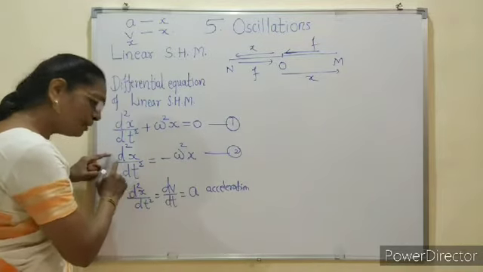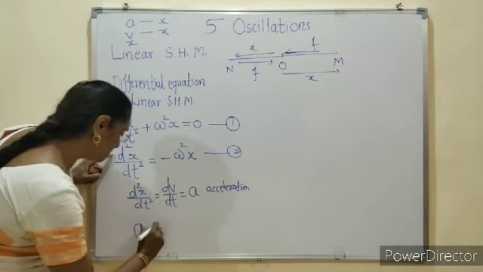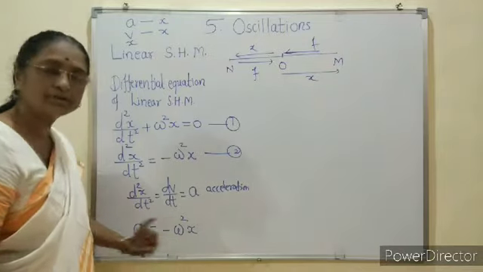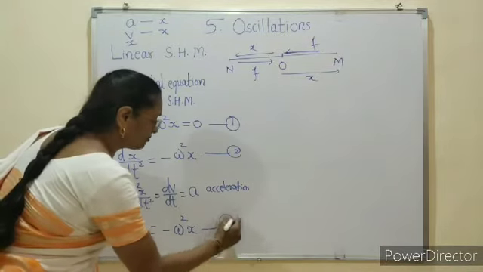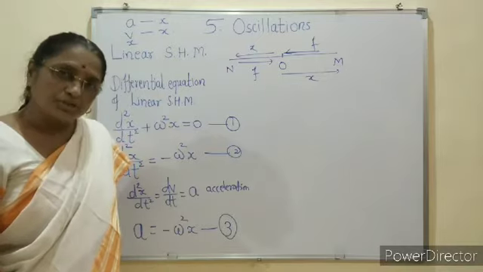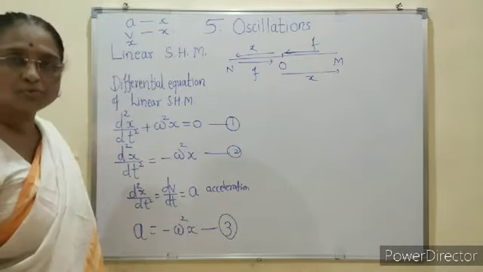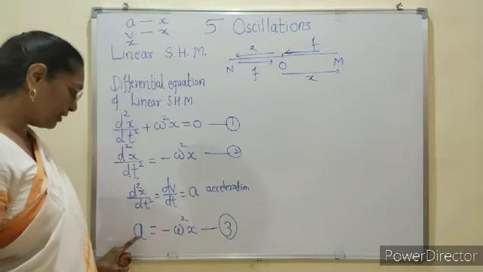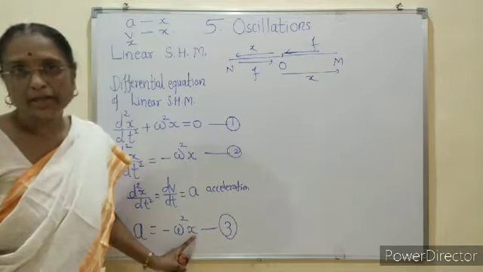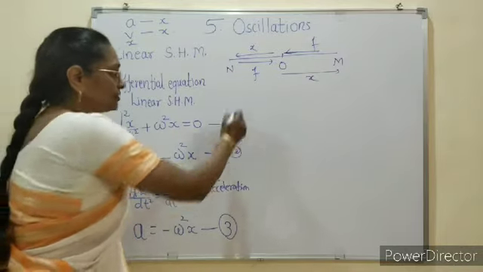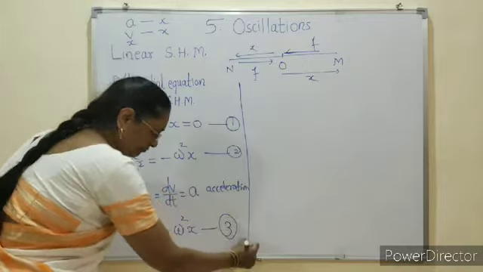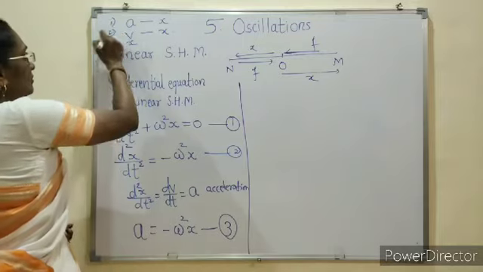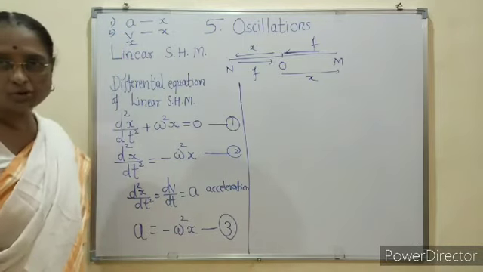So here we simply put a is equal to the right hand side as it is, minus omega square x. So this is equation number 3. The question is acceleration in terms of displacement. In one simple step we have got a is equal to minus omega square x. So this is about the acceleration.